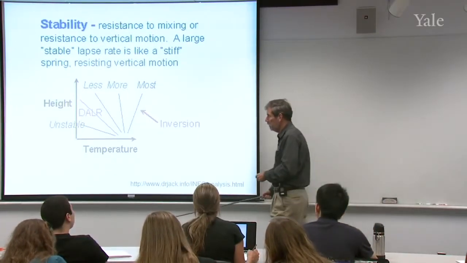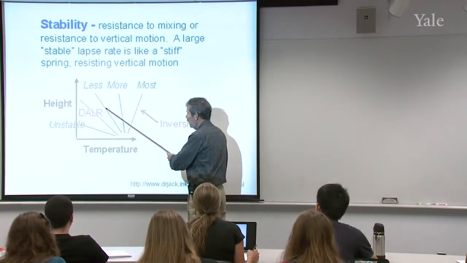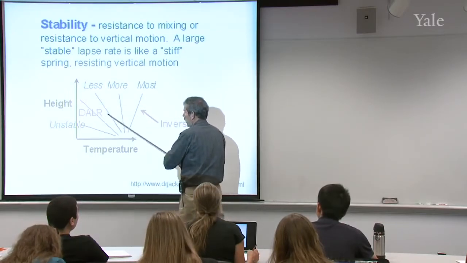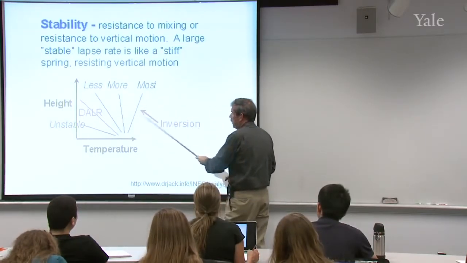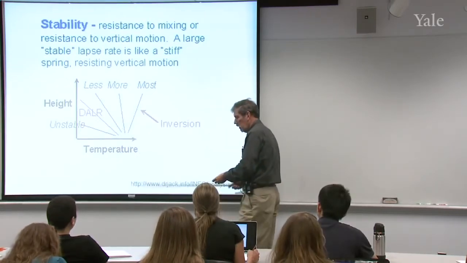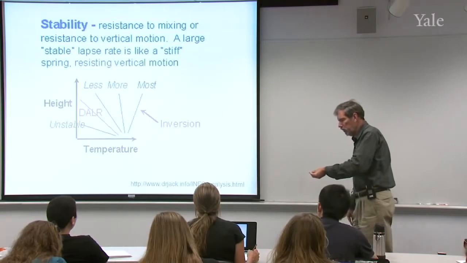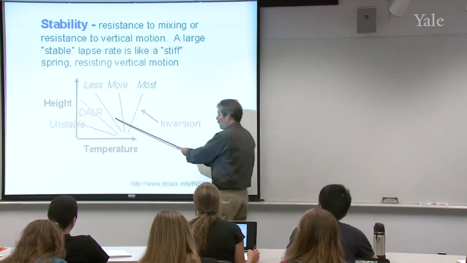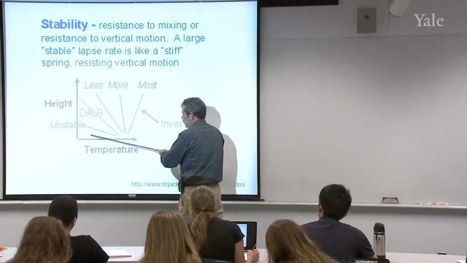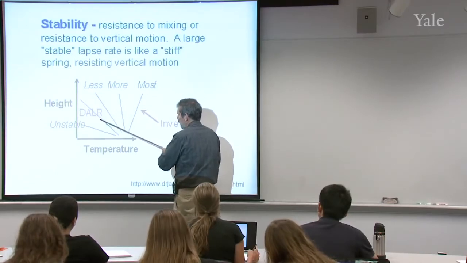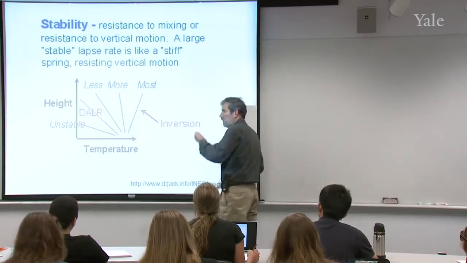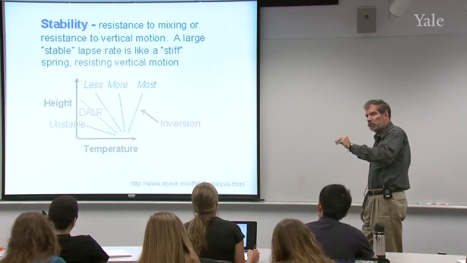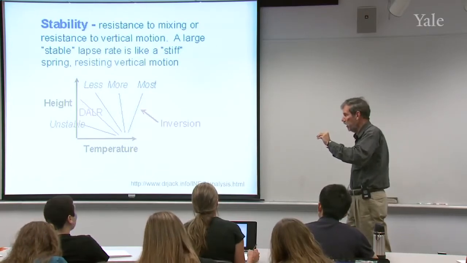And as I discussed last time, all of these that are more vertical, or more to the right than the dry adiabatic lapse rate, are going to be called stable because if you lift a parcel of air, it's going to be cooling at a rate of 9.8 degrees per kilometer. If I lift it from there to there, its new temperature is going to be here, and that's going to be in all cases colder than the environment into which it's been lifted. If it's colder, it's going to want to sink back down to where it came from. So we call that stable.